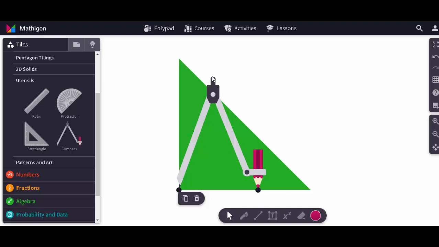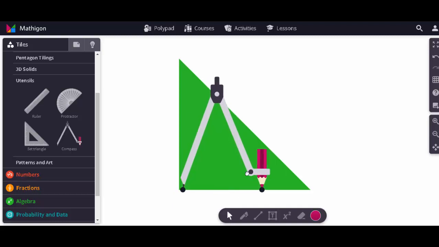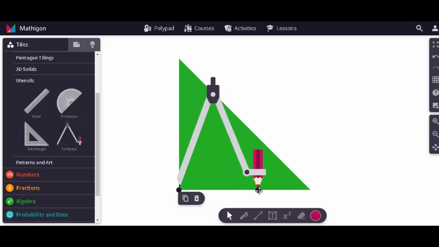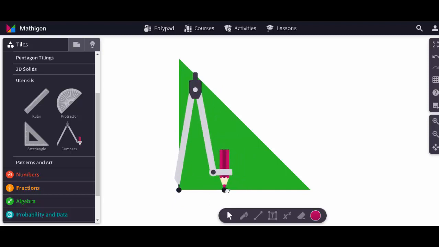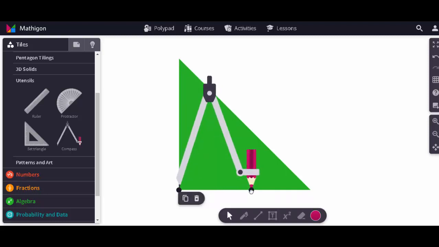So use the compass, put the point on one corner of the triangle, and then open up the other side so that it is a little bit more than halfway across that side. So maybe like right here.